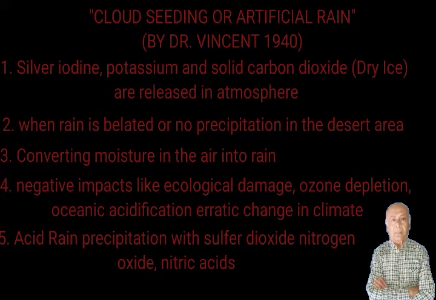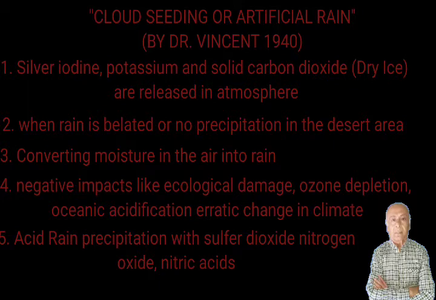What they do is release different kinds of chemicals into the atmosphere, and whatever moisture or watery substance the atmosphere has is going to be converted into rain, and artificial rain will fall. This is known as cloud seeding, by Dr. Vincent in 1940. I prepared 5 points to elaborate cloud seeding.